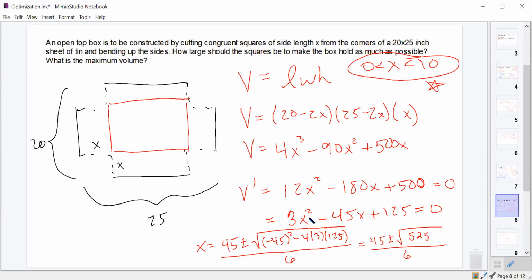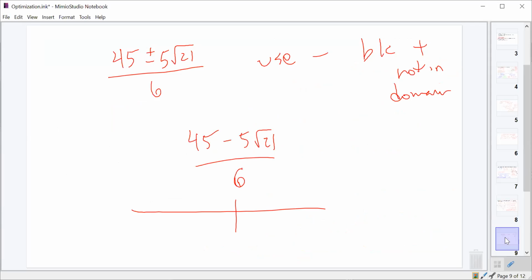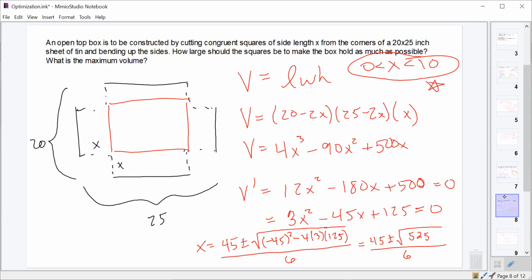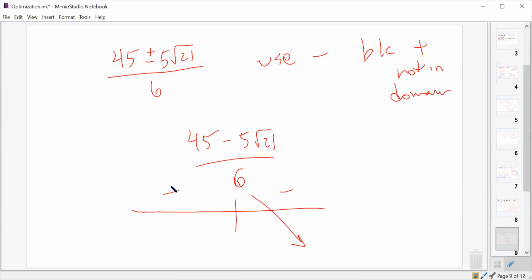Because we're going to have something like 81 times 3 is 243 minus 9 times 45. That's a pretty darn big number, right? That's a little over 400. And then we're going to add 125 to it. That's still going to stay negative. So we're going to have a negative here. And if we plug in something less than that number, like 1, we'll have 3 minus 45 plus 125, which is positive. So we end up with a maximum volume when x is this value.